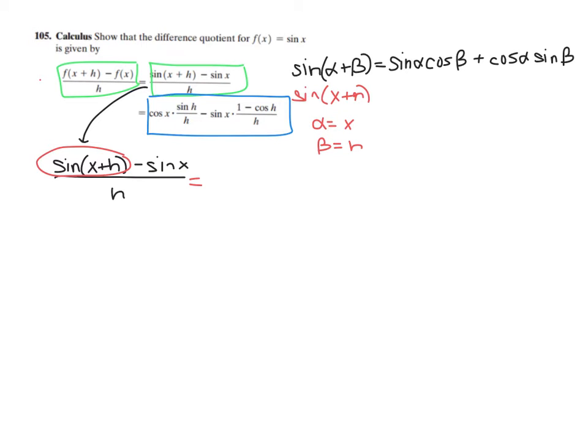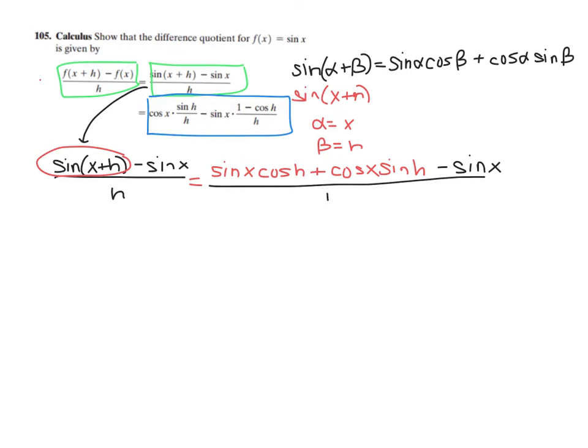So that whole entire thing can be rewritten as sine of x times cosine of h plus cosine of x times sine of h. So now that's only the sine of x plus h part of it. I then have minus sine of x. This is going to be all over h.